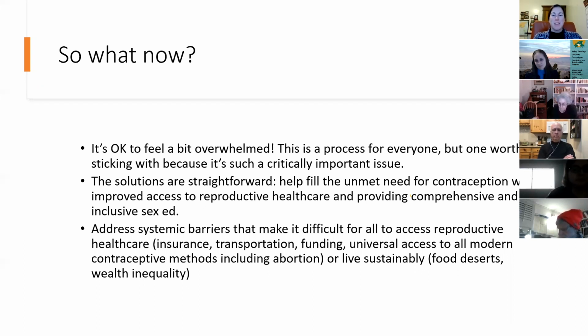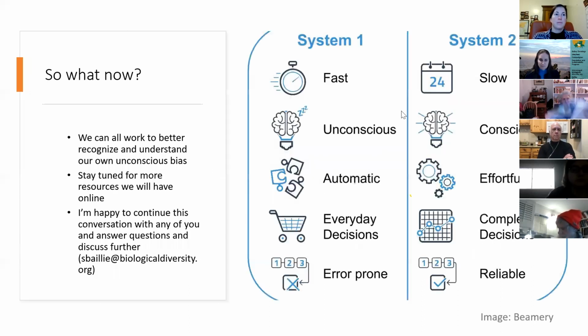It's about helping fill the unmet need for contraception and improving access to reproductive health care and providing comprehensive and inclusive sex ed, and also addressing systemic barriers that make it difficult for all to access reproductive health care. All these other things in life that impact when we can get to the doctor, like insurance and transportation and funding. And those are similar barriers to how we can live sustainably as well.